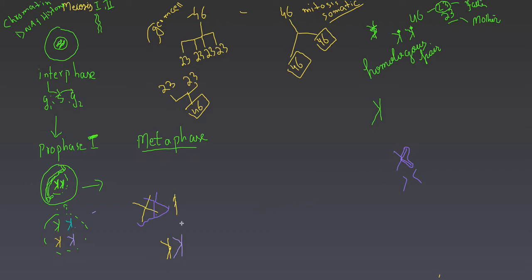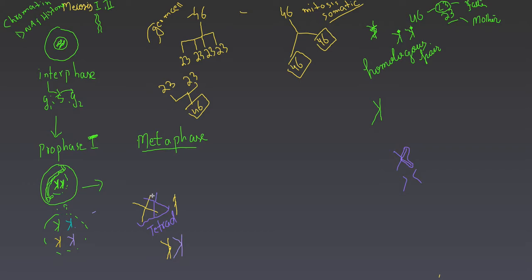So now, since they are combined, there are 4 chromatids, and this 4 combination is actually called a tetrad. Now, what happens after this process, when they come close to each other? Let's say this part right here encodes for blue eyes, and this part right here encodes for brown eyes.